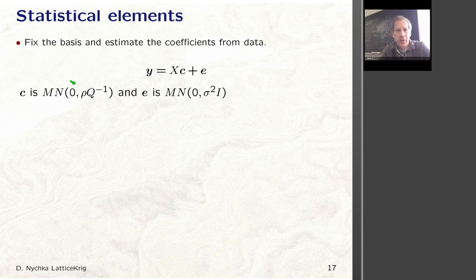It's going to have a leading coefficient, rho, and we're going to represent the covariance matrix as an inverse. And so this Q is going to appear throughout the rest of this talk, and that's really a fundamental quantity here. Q is the precision matrix. It's the inverse of the covariance matrix. In a moment, I'm going to tell you exactly how we're going to model Q. But that's really the elements of this.